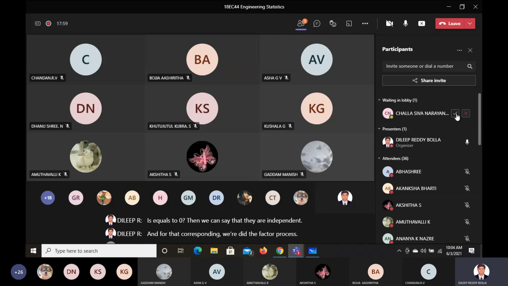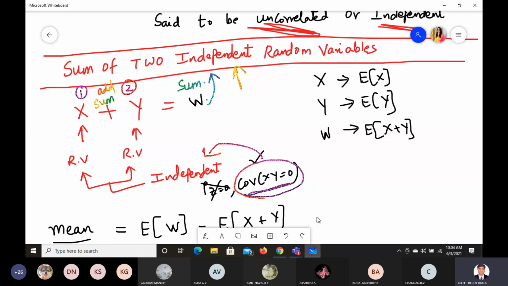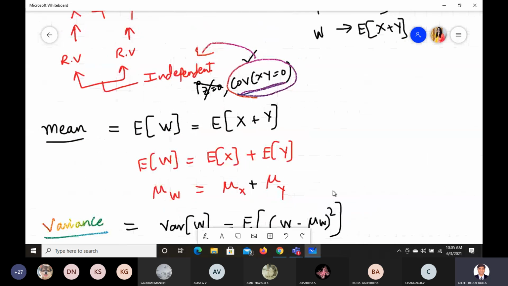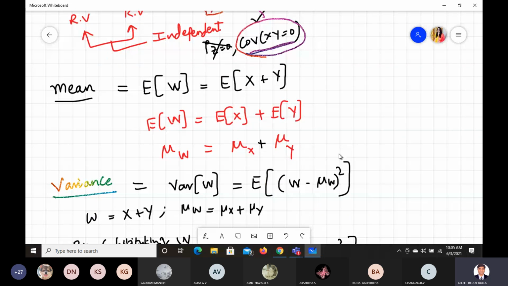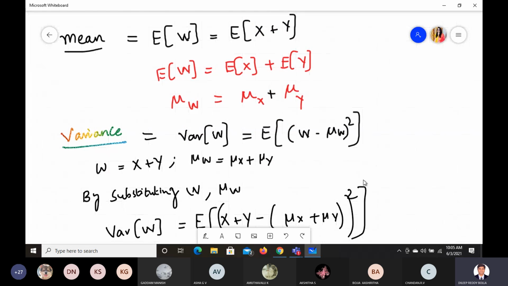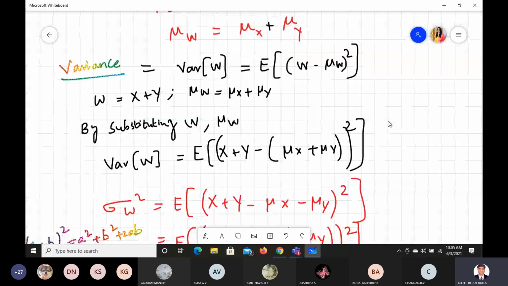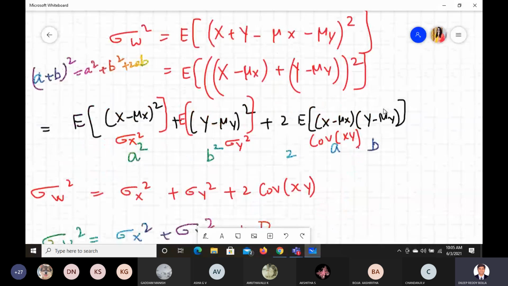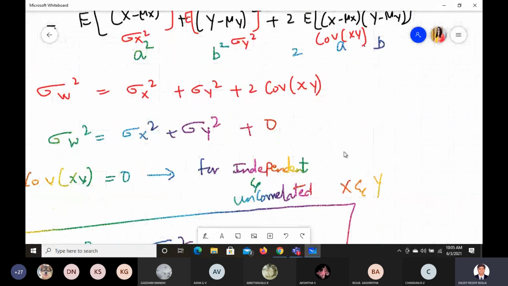Okay. So for that we have calculated the mean. The mean is given by E of x, so for W it is E of W. We calculate the mean and we get mu W equals mu x plus mu y, and we did the variance of this. So mean and variance we have completed, right?